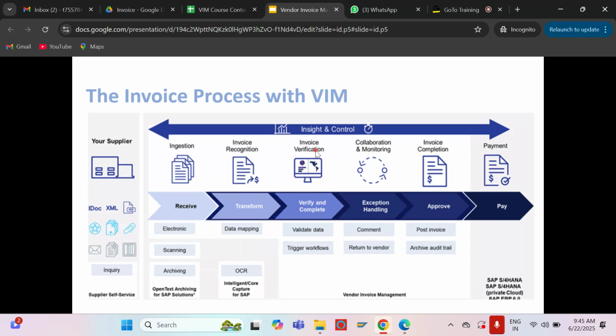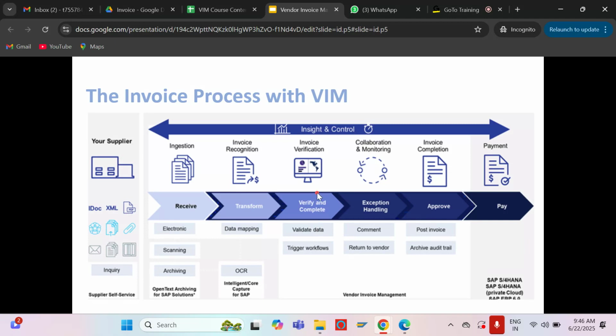Next comes the invoice verification step, where the system will validate the invoice with all the validations which you have configured. Here we have the flexibility to tell the system what data needs to be checked. Once you do the configuration, the person processing the invoice does not need to check each and every invoice and validate the data manually.